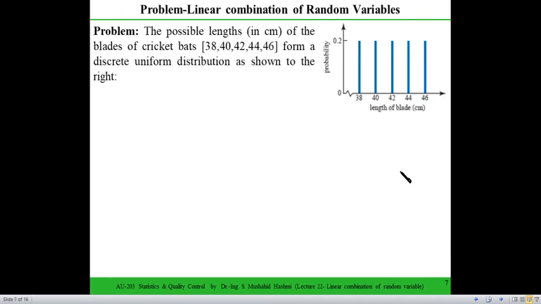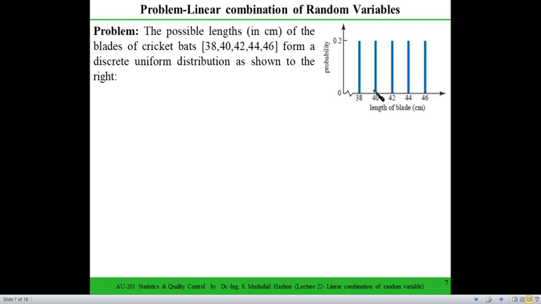Okay, let's take another example. Let's say we are manufacturing a cricket bat. A cricket bat has two parts: one is the blade, and the other is the handle. The length of the blade is given, and the probability of having a length of 38 is, let's say, 0.2.